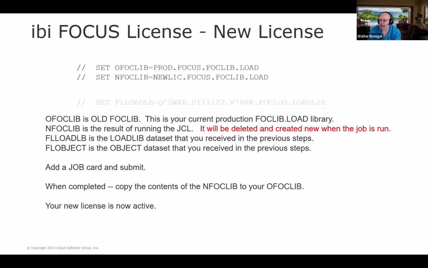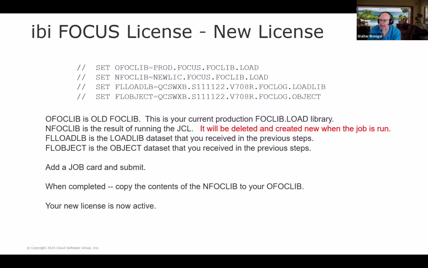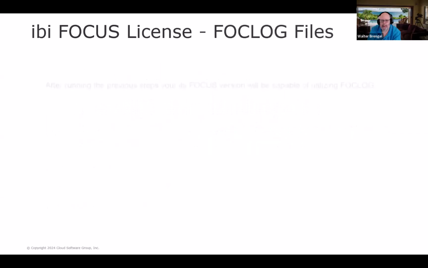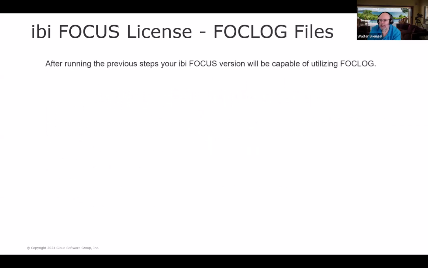All right, let's put these back in there. So after running the previous step, because we had the JCL site and we had the FL load lib and FL object, your version now is capable of running FOCLOG, but you haven't physically turned it on or activated it yet.